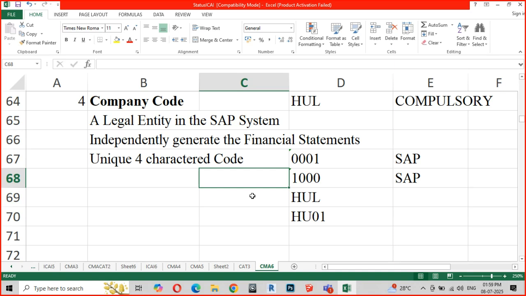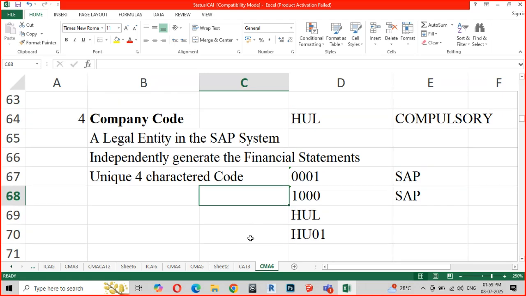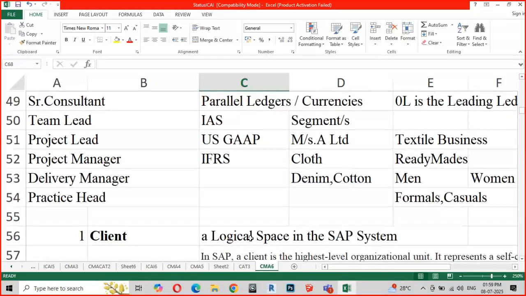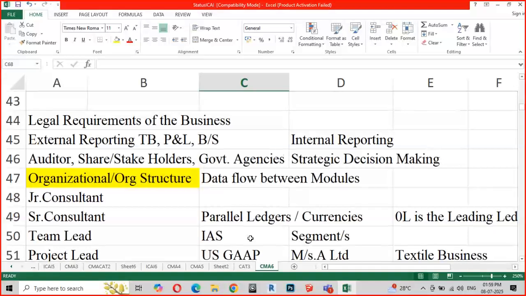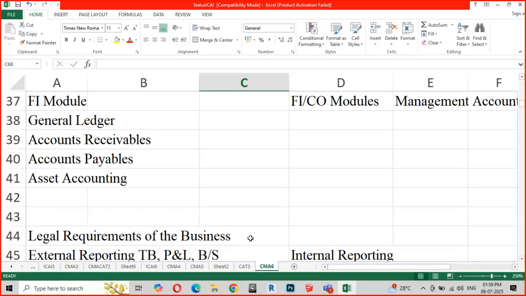So we had stopped at the organizational structure, and I would also like to add one more word. Probably it is a skeleton on which all the components of the organizational structure are built.